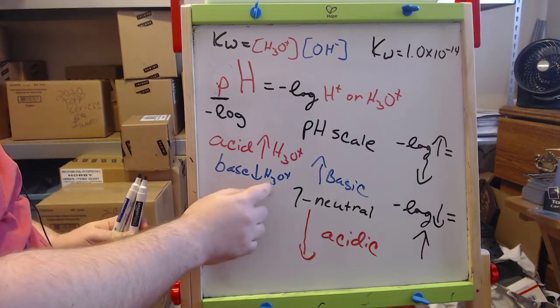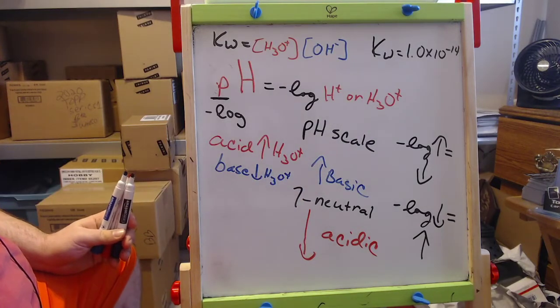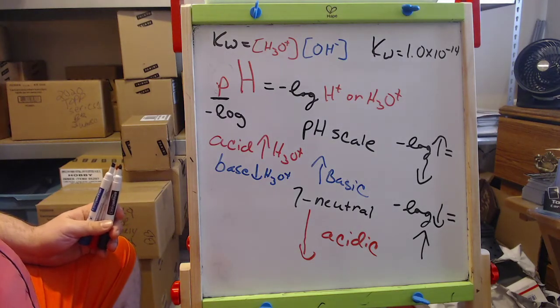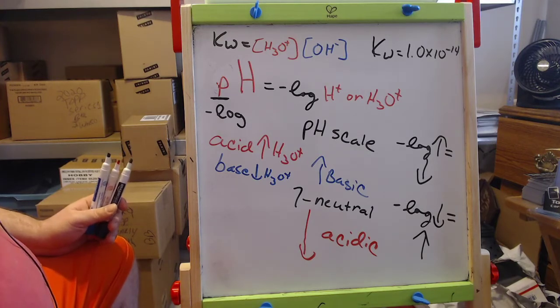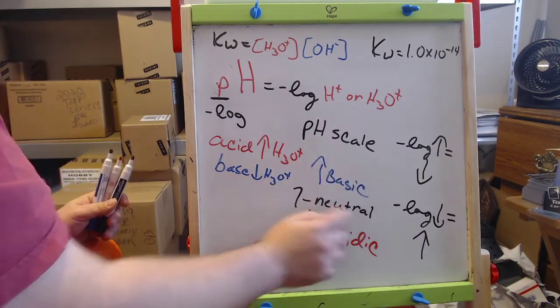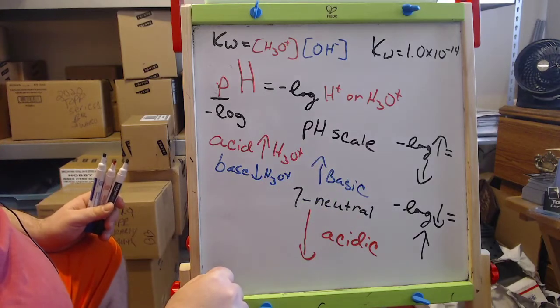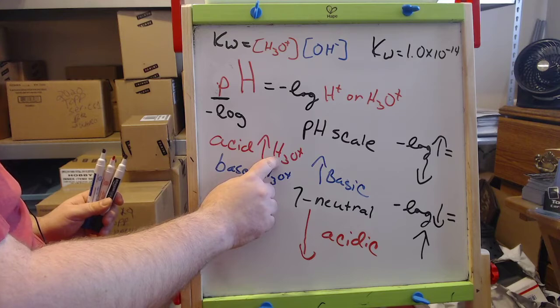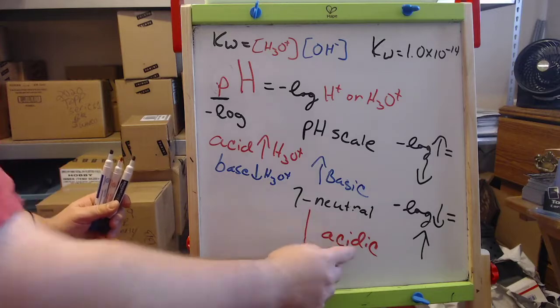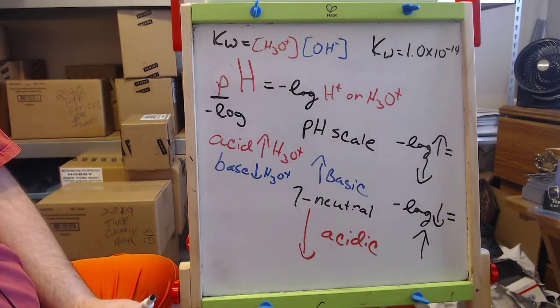So a base would have a low H3O plus value. Take the negative log, I should get a bigger number. An acid should have a large H3O plus number. Take it, and I should get a low value. Log base 10.